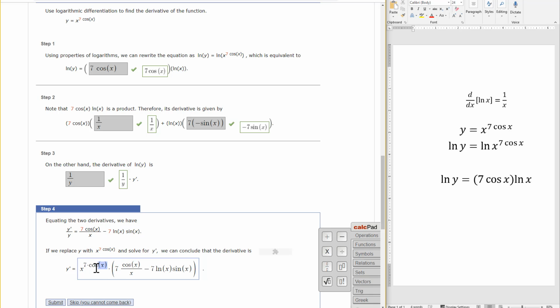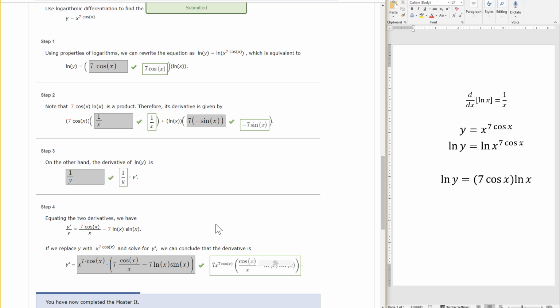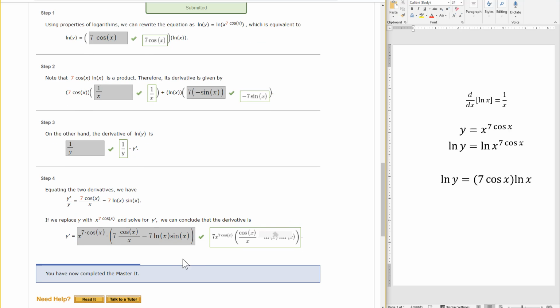This is the derivative of the right hand side after we took the ln, and so we solve for y prime by multiplying by y on both sides, but then we have to replace y with the original expression. So this should be our final answer, and now we've taken the derivative of all that. Okay, hope that helps.